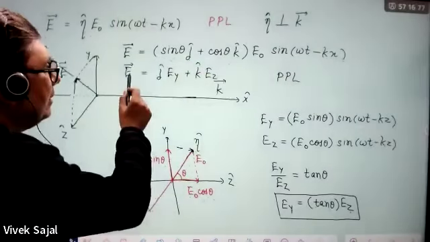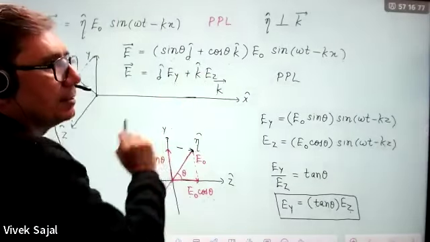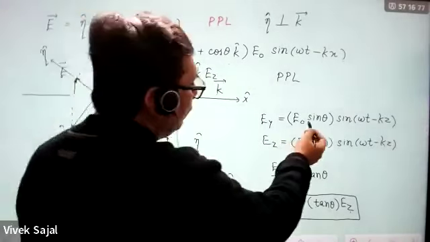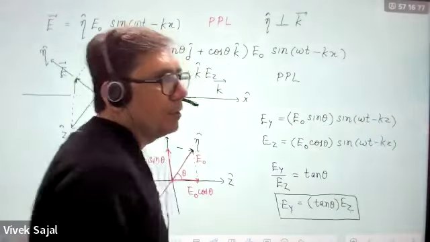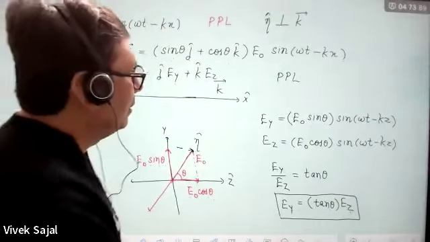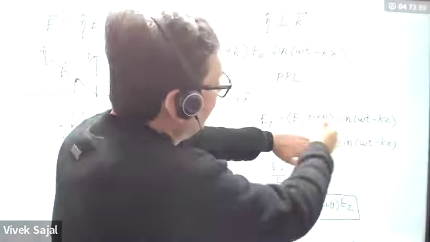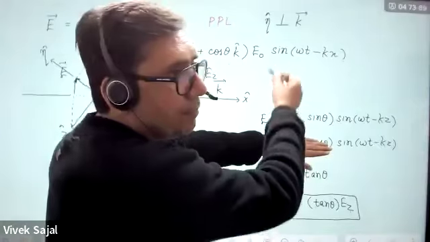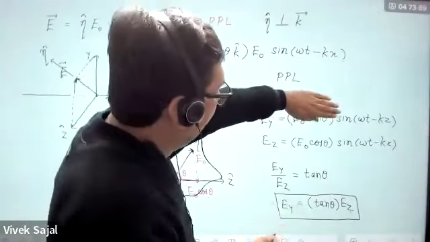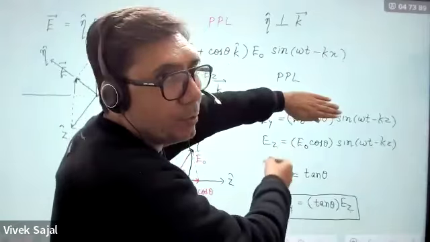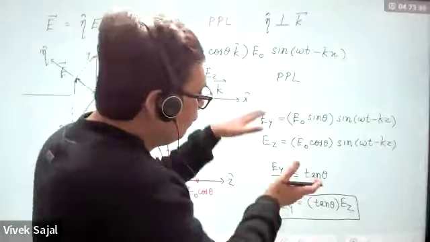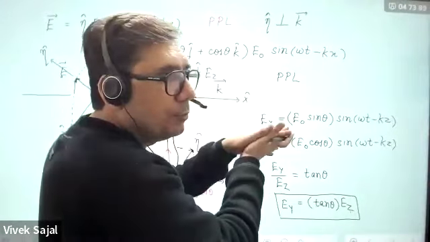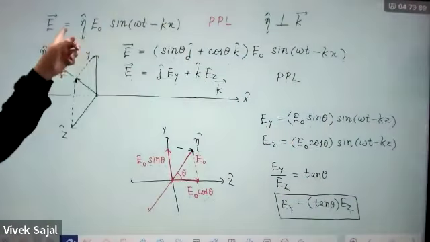So here you can write the E vector like this. Individually, if only this type of plane polarized light is there, if you forget this, it will be a plane polarized light whose electric vectors are in the y direction. If you forget that, it will be a plane polarized light whose electric vectors are in the z direction. Now, if you superpose these two, you are going to get this one.